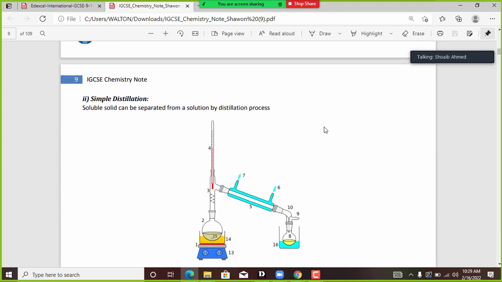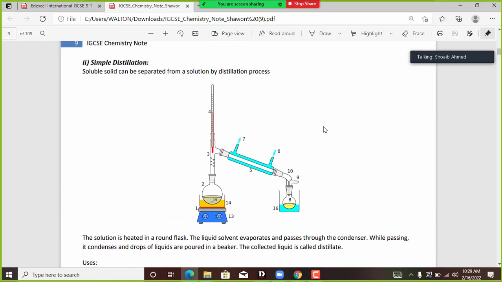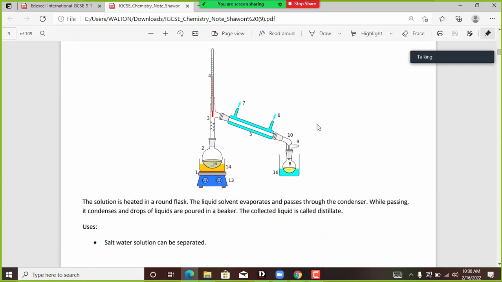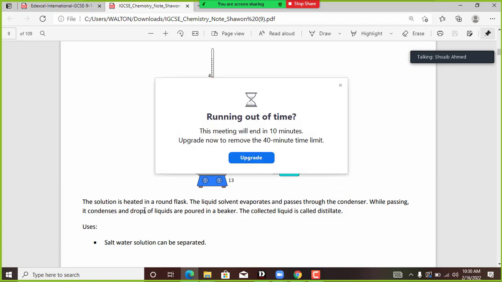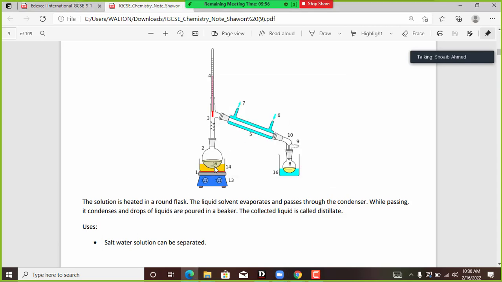Okay, the next process is simple distillation. Have you seen this process, simple distillation? Here a soluble solid can be separated from a solution. How can this be separated? This solution is taken in a round flask.